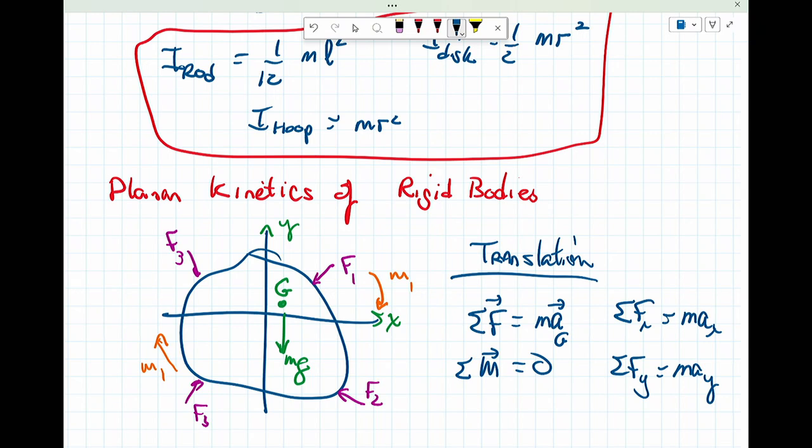They'll cause an acceleration of the center of mass. We won't look at the acceleration of all the points on the body. So you already know that every point on the body potentially has a different velocity, except in the case of translation. So the acceleration of the center of mass is the same here, here, here, here, here. But there's no rotation.